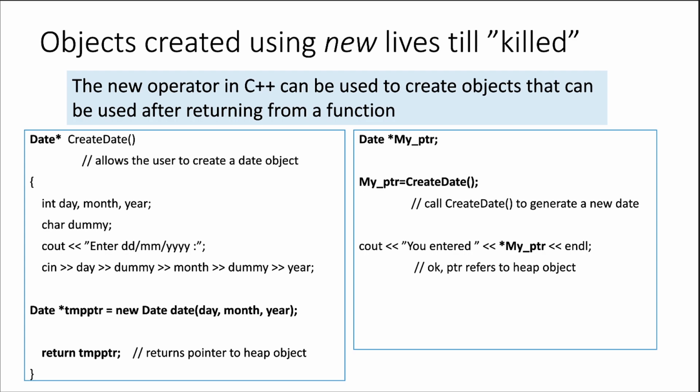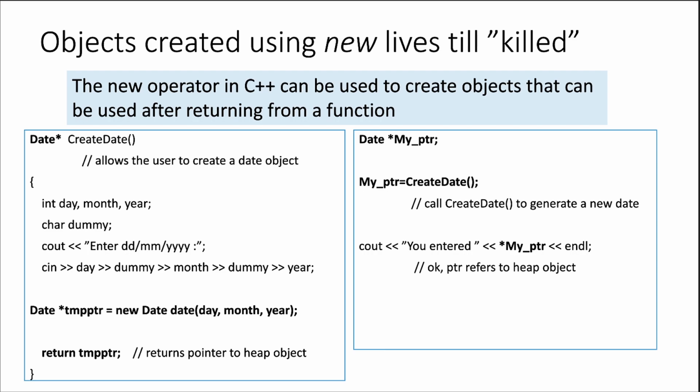You are creating new dynamic memory in this function. Which function is this? The create date function. You created that. You allocated new memory to a date object. You used new here.